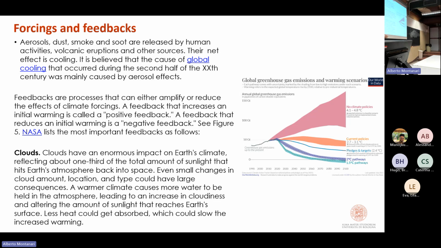Increased evaporation means more water vapor, more clouds, but the clouds may act as a screen on the solar irradiance. Even if clouds tend to increase the greenhouse effect, on the other hand they are also reflecting part of the solar irradiance. And therefore, the increased evaporation may compensate global warming. This is an example of a feedback that tends to mitigate the shock.